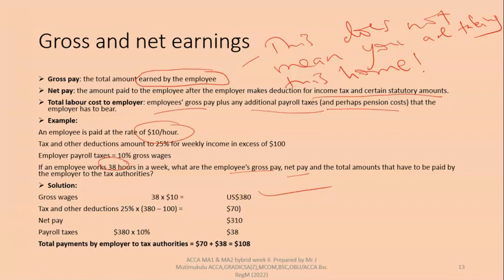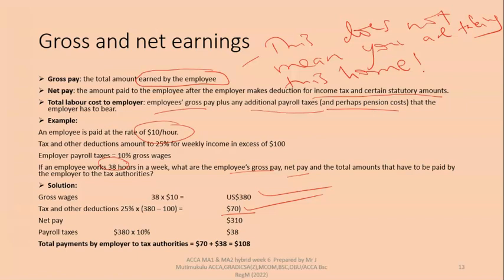So anything above 100 is going to be taxed. So for this guy, that's 25% multiplied by 380 minus 100, because 100 and below is not going to be taxed. So that's 380 minus 100, we get 280, and 25% of that is 70. Then the net pay becomes 380 minus 70, and we get net pay of 310.